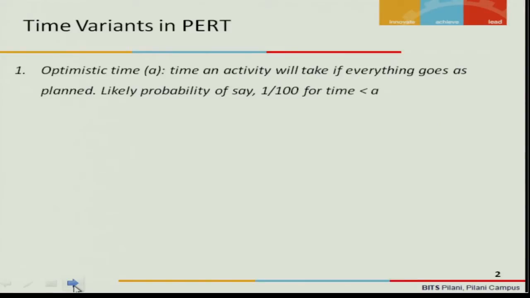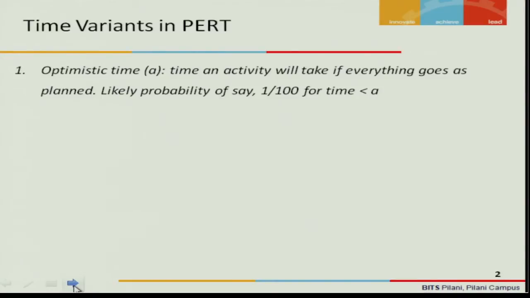PERT is, we know, the program evaluation and review technique, and unlike the critical path method, this uses 3 times: the optimistic time, the pessimistic time, and the most likely time.